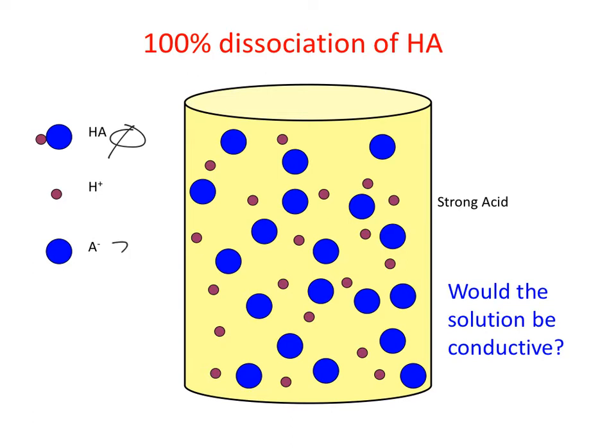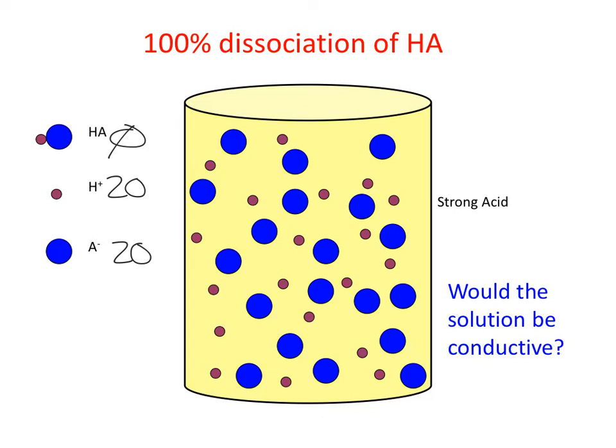Okay, I'm going to say there are 20 of these, and there are likewise 20 of those, because they have to stay equal, because each HA splits into one H+ and one A-.